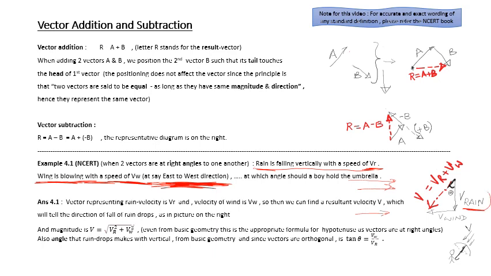So rain is falling vertically and wind is in the horizontal direction towards the left. Okay. So this is what the question tells us. Now assume that the length of this vector represents the magnitude of the rain and the length of this wind vector represents the magnitude of the wind.